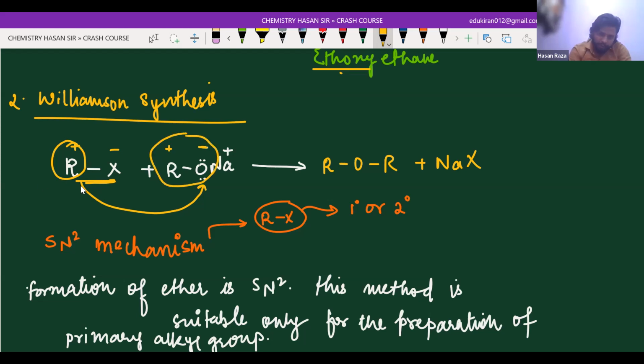So if this part is tertiary, then elimination will compete over substitution, and alkene will be the major product or main product. It should be less sterically hindered. Is that clear?